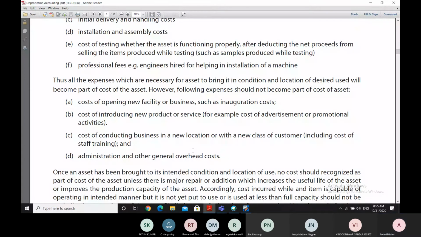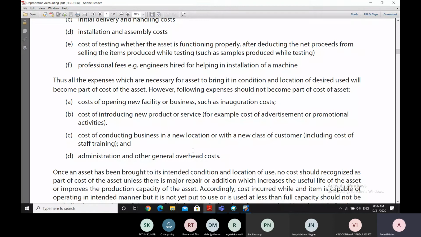Then, the third kind of costs which are not to be included as part of the cost of asset is cost of conducting the business in a new location or with a new class of customers. Supposing we have started conducting that business in a new location, or we have started a new class of customers to whom we have started selling the product.